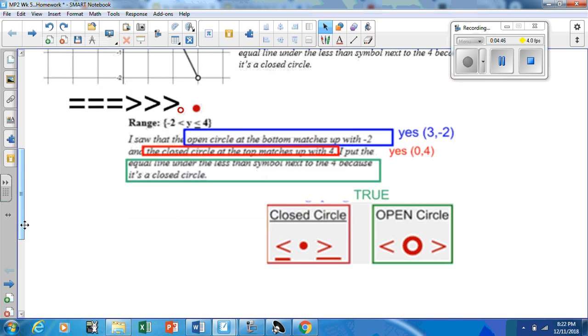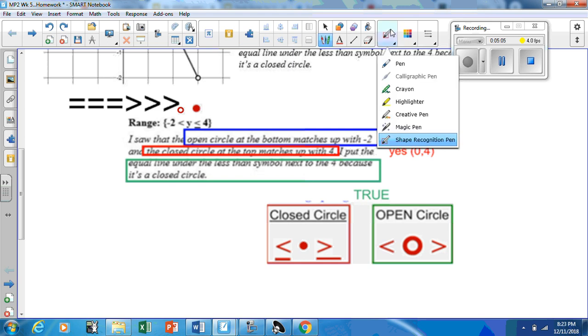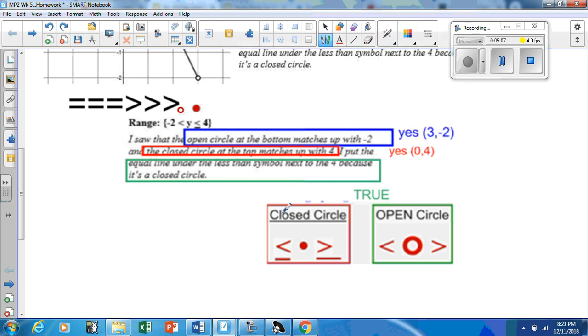An open circle is saying that only greater than or less than will work. But for a closed circle, it can be greater than or equal to, or less than or equal to.